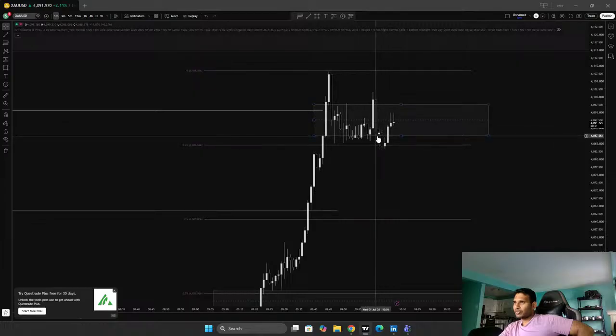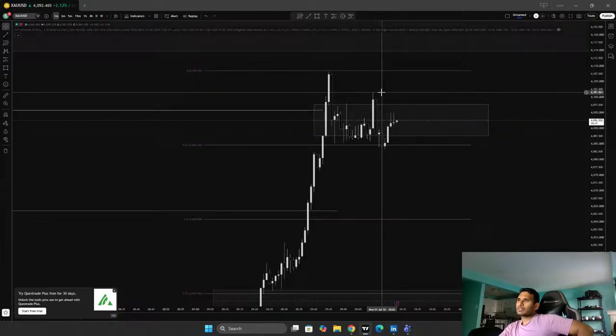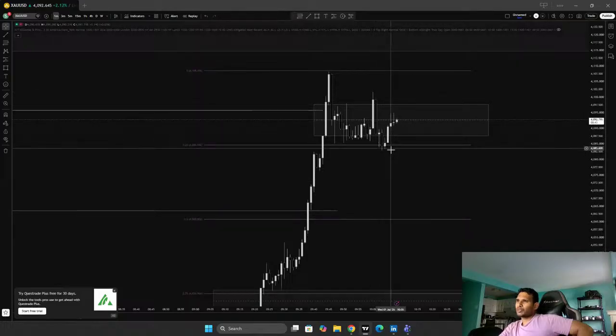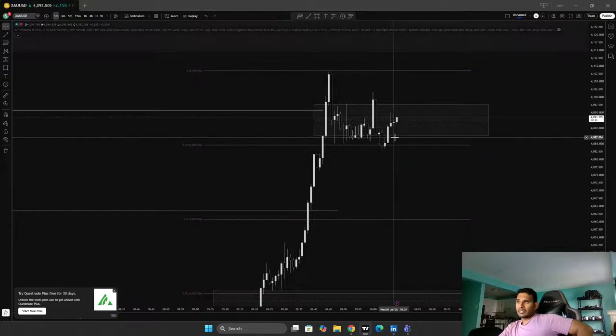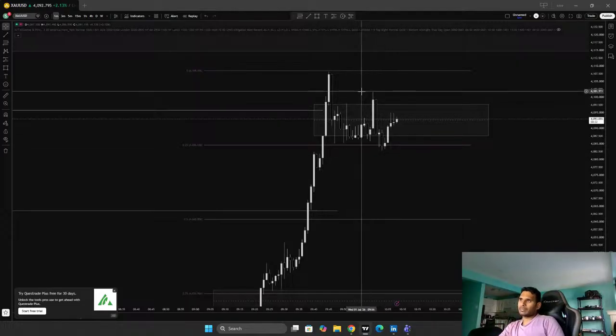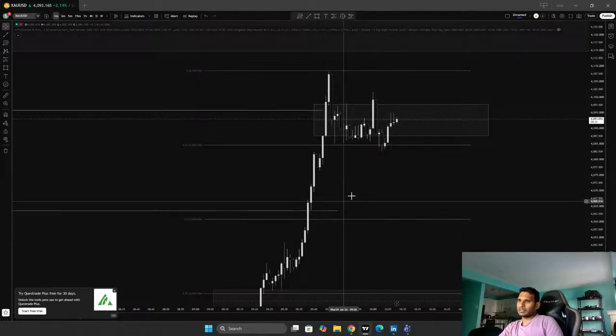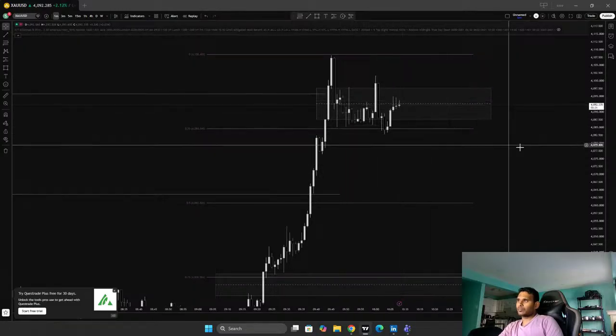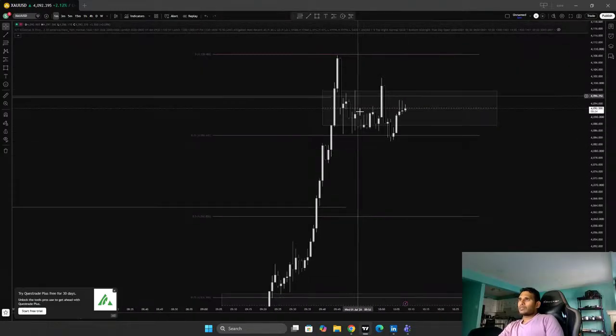If this gets inverted, technically I would go for a sell and keep my stop here, and I would target 50% after, because if it's an inversion, most probably that 25 would get broken, and we already get the inversion. So it would be a really good trade. Honestly, we could expect this high to get protected until this and this gets taken. It's really good rejections, bro.